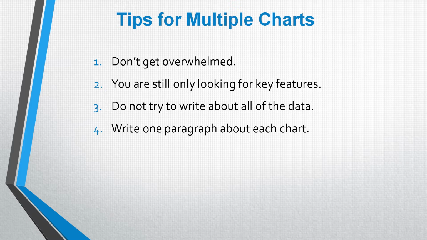So if you've got a line graph and a table, you'll pick out the two key features from the line graph and two key features from the table. You'll then write about those in more detail to create your details paragraph. So that's what we need to consider when we've got multiple charts in our IELTS Writing Task 1 questions. Let's take a look at an example now.